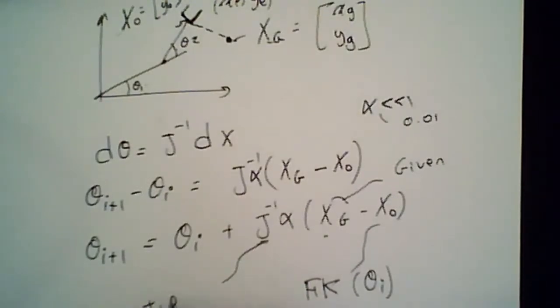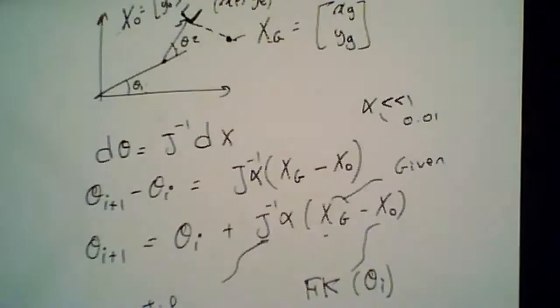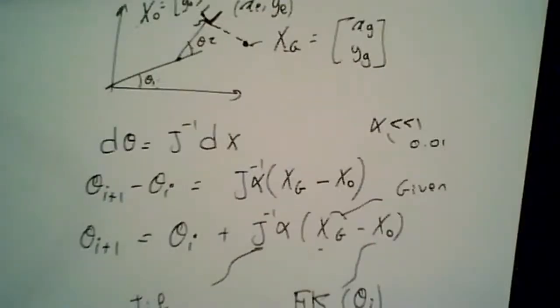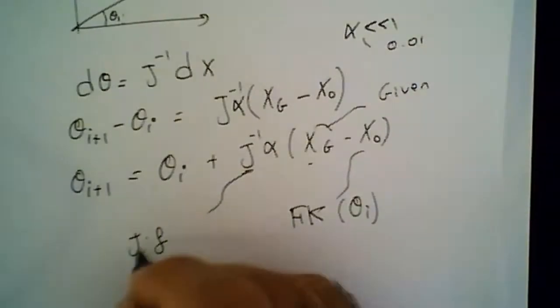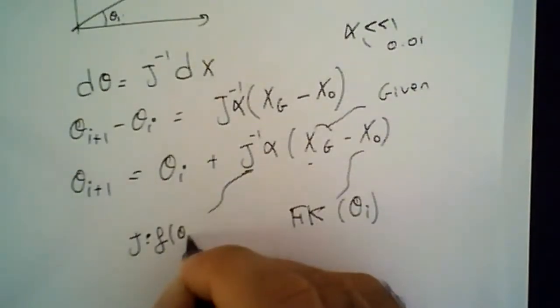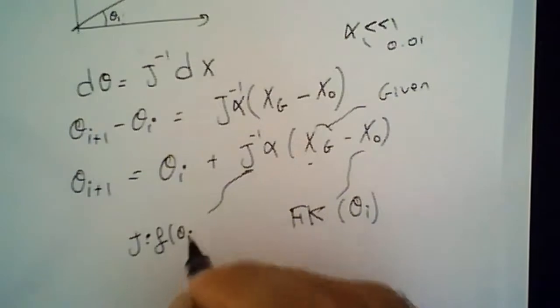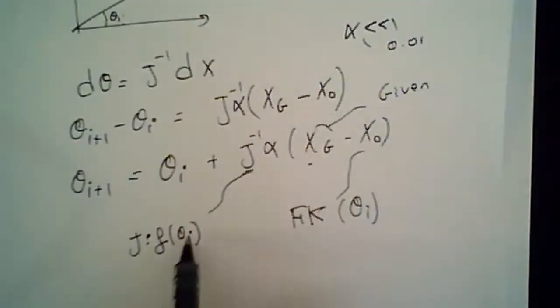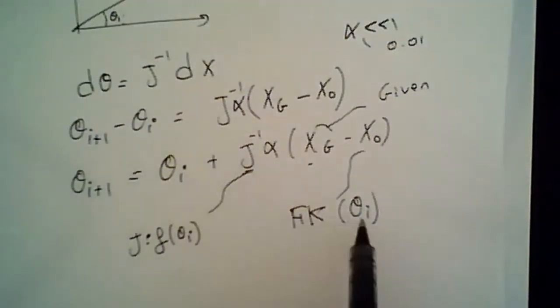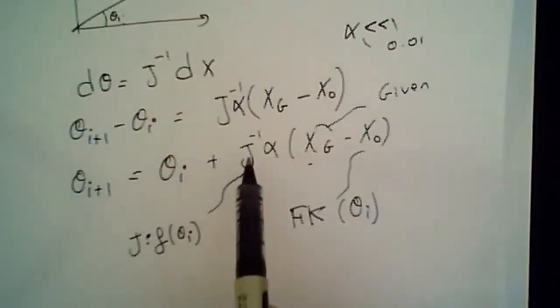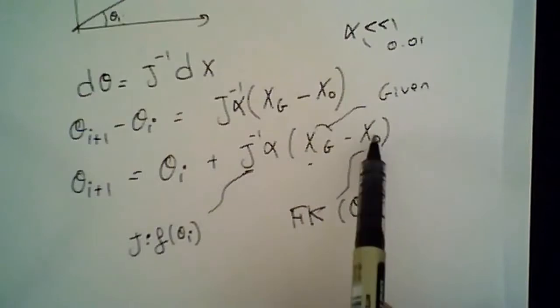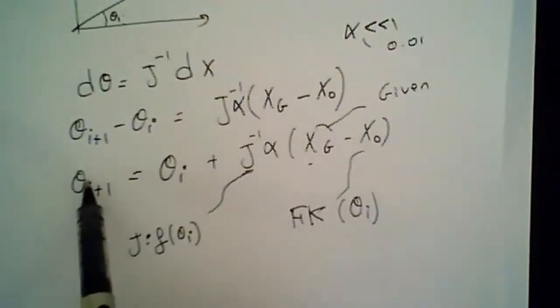J is a function of theta i, theta i as a vector, so it's a function of theta 1 and theta 2, which you have here. Every time you update your theta, you compute your Jacobian, you update your position, and you find your next theta.